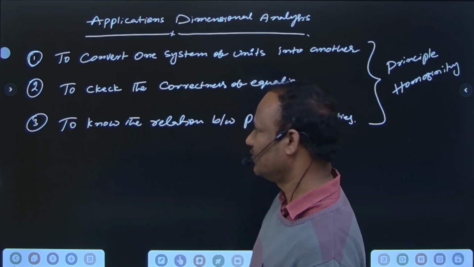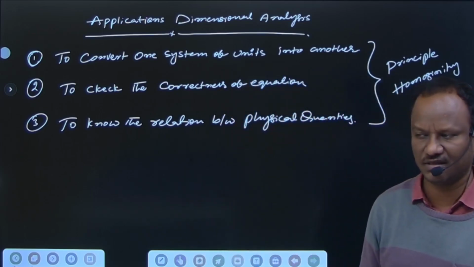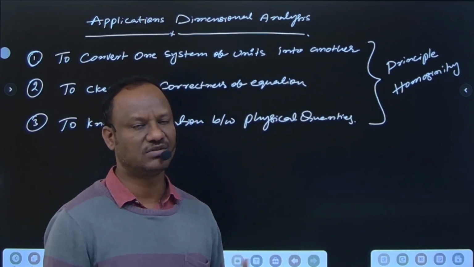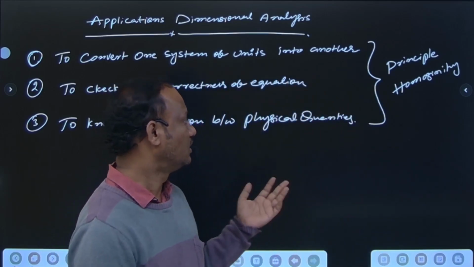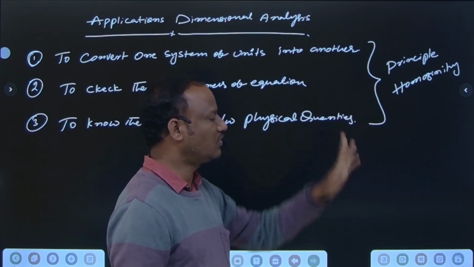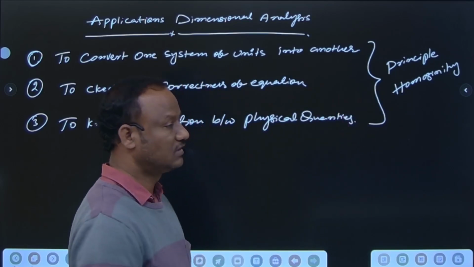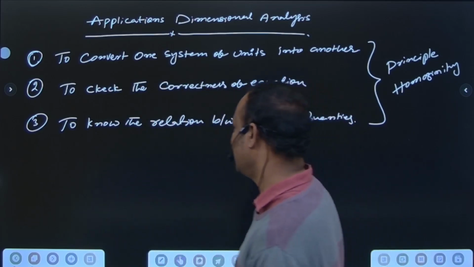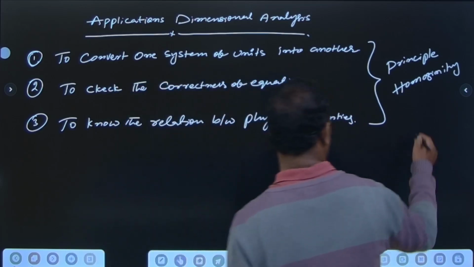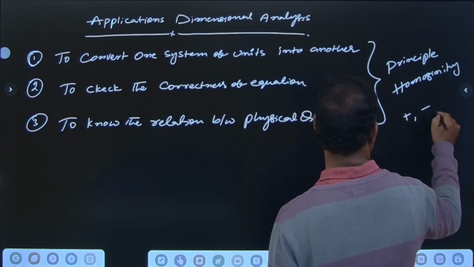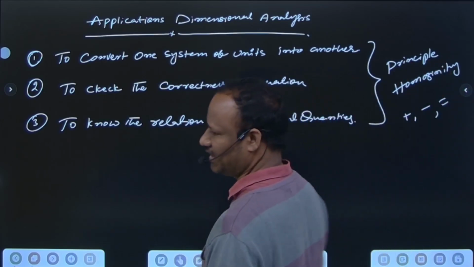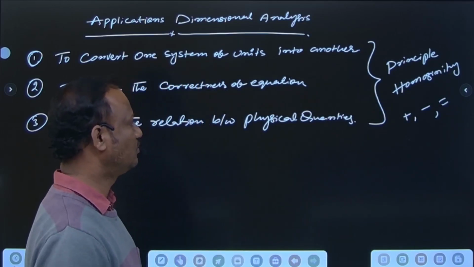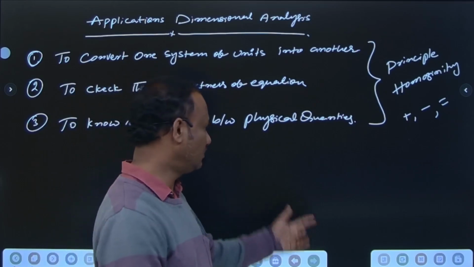Means here velocity can be added to some velocity, acceleration can be added to some other acceleration, force is added to some force. But this principle of homogeneity explains that physical quantities of the same dimensional formula can be added, can be subtracted, can be equated. That is the condition. What is the principle of homogeneity? Just I'm now discussing this.